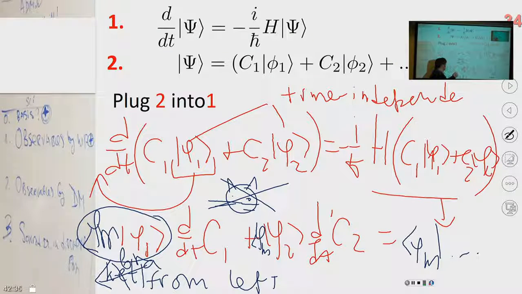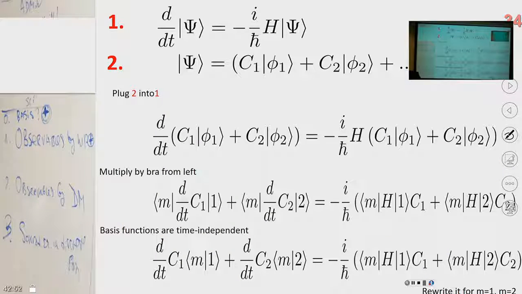We will have only dependence on time, right? So it is where we are, multiply by bra from left, and make sure that we do not have time dependence of the basis functions.